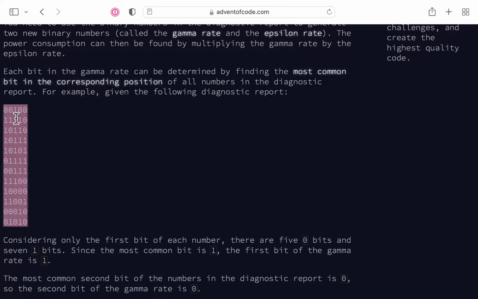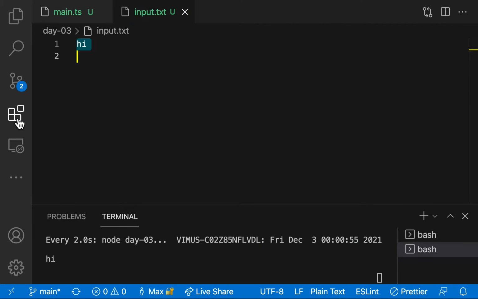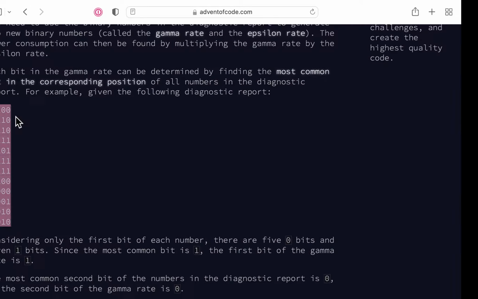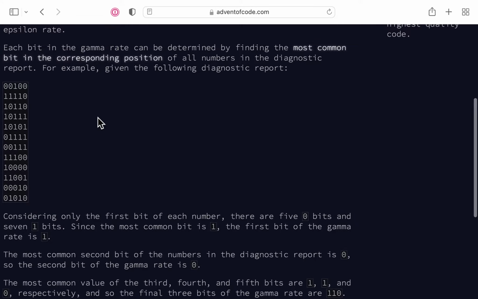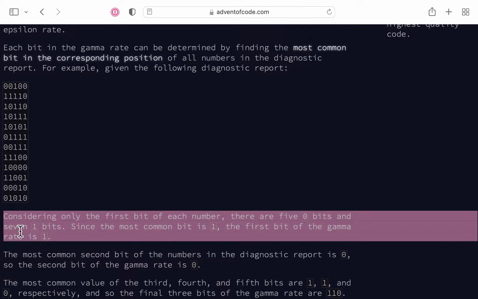All right, so this is our sample input. So I'll just pop this in here real quick. So there are 5 0 bits and 7 1 bits.